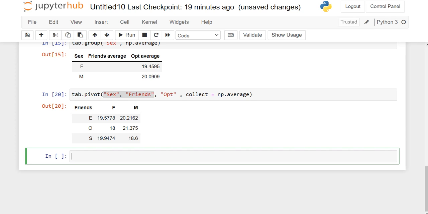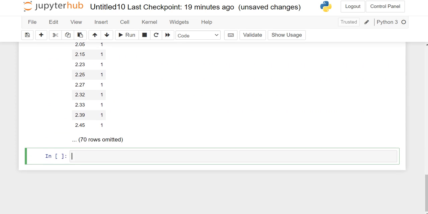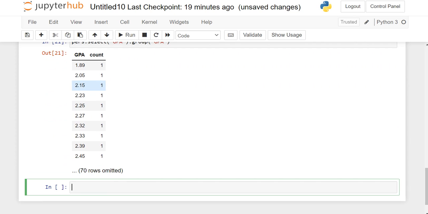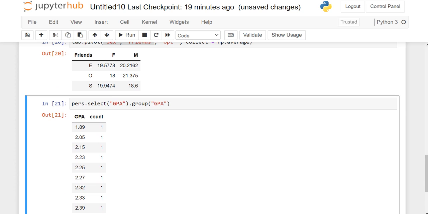It starts treating it like a category variable, and if you do GPA, for example, and then you do dot group based on GPA, then you get this, and there are 70 rows omitted, so that every single number that you can have becomes its own category and has its own count. And so the dot group method is not a good one for numerical variables.